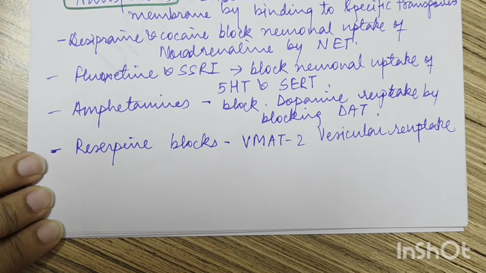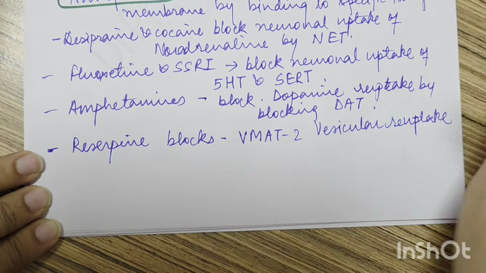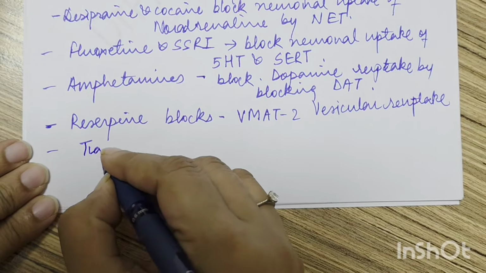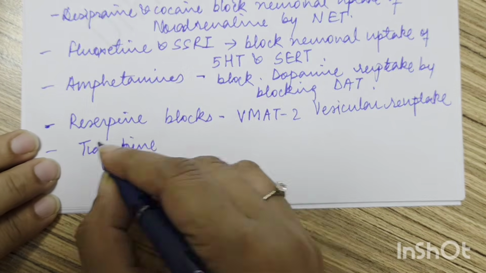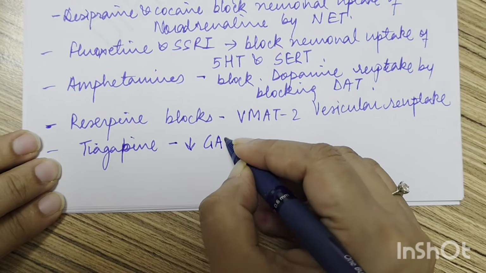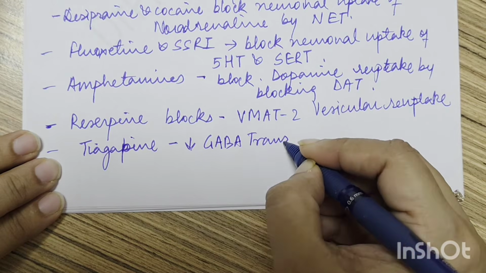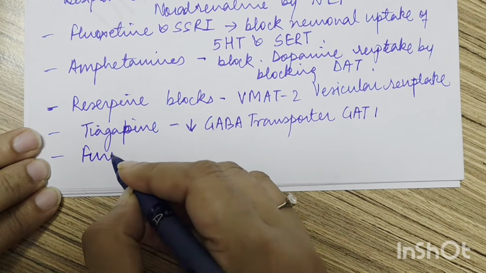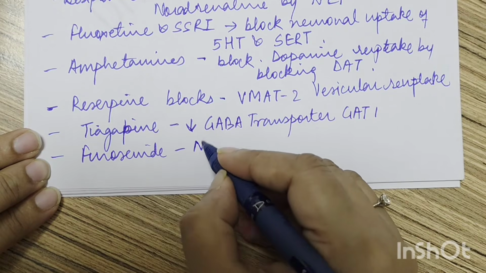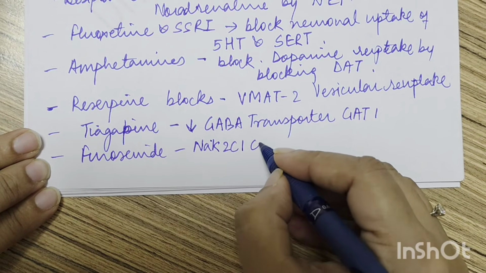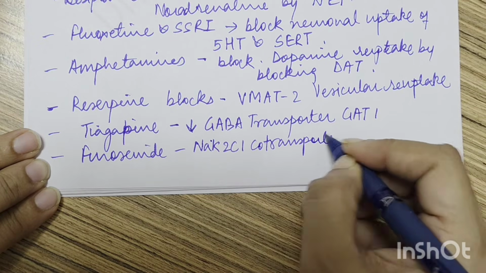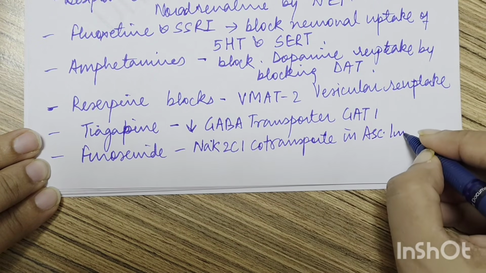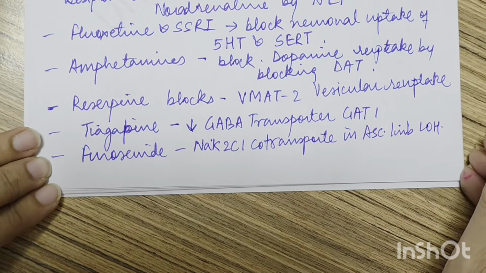Okay, then some other examples are also there. Tiagabine, it is an antiepileptic drug. It inhibits the GABA transporter, that is GAT1. Furosemide inhibits the sodium potassium 2 chloride co-transporter in the ascending limb of the loop of Henle, right?